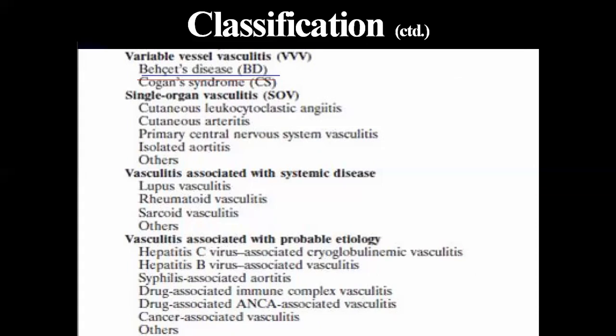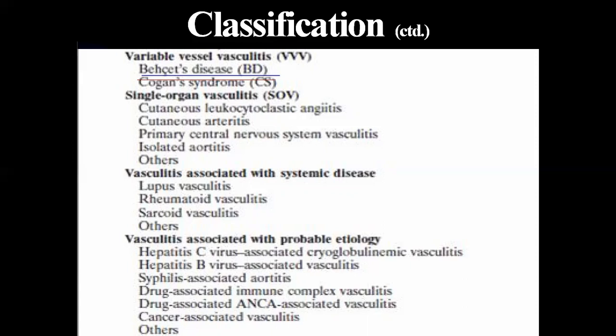Vasculitis associated with systemic disease: we will have certain other diseases, and this would be secondary to them. So it would be the secondary type. Lupus vasculitis, lupus erythematosus is the disease, and vasculitis is associated with that. Rheumatoid vasculitis, if we find symptoms after rheumatoid arthritis. Sarcoid vasculitis.